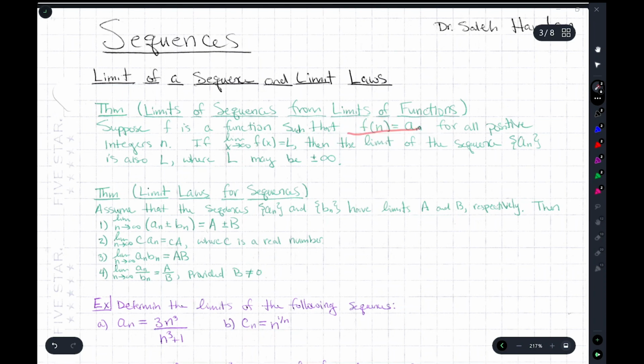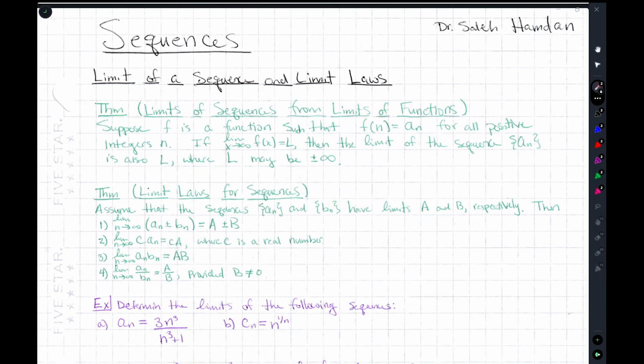So we have that function for all positive integers n. If the limit of f(x) equals L, just in general along the real line, then the limit of this sequence is also L, where L here may be plus or minus infinity, meaning it diverges, okay?